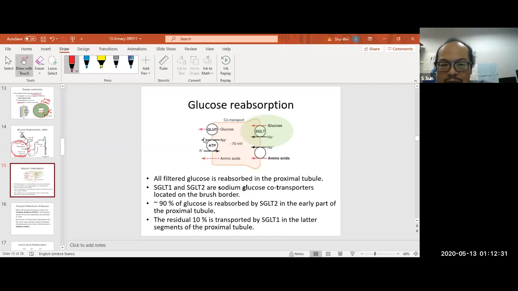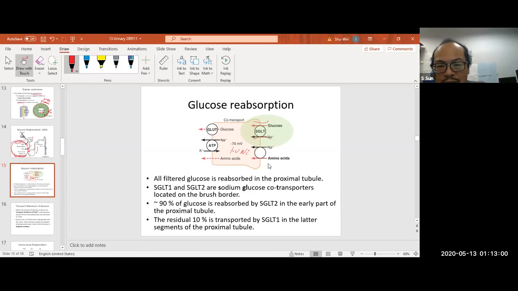By pumping the sodium out, it provides this low sodium in the cell, and that provides this concentration gradient for sodium to go in. So when sodium goes in, it activates this transporter, which brings the glucose in as well. And then glucose diffuses into our body.